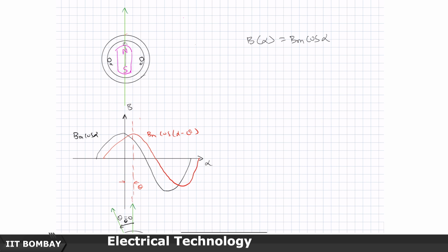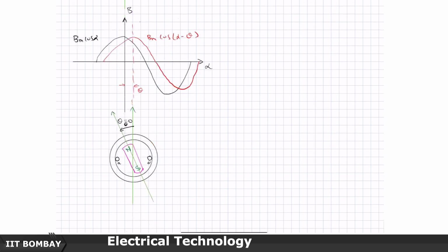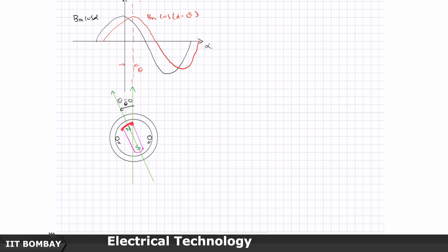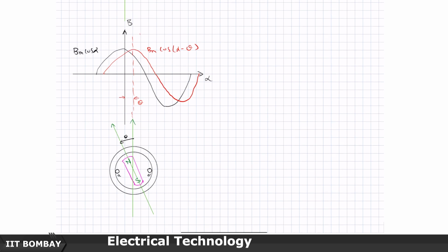Now, let us say that this magnet has rotated by theta degrees. So, my magnet is now like this. How will the flux profile look now? B will be peaking at the angle of theta, which is shown here.